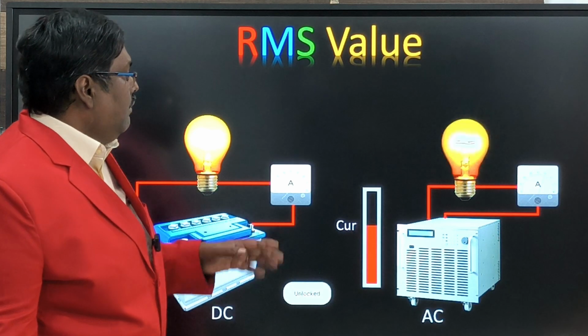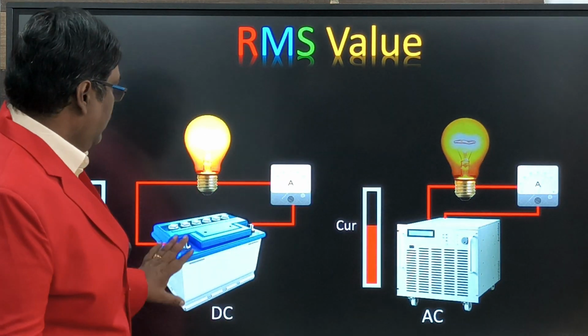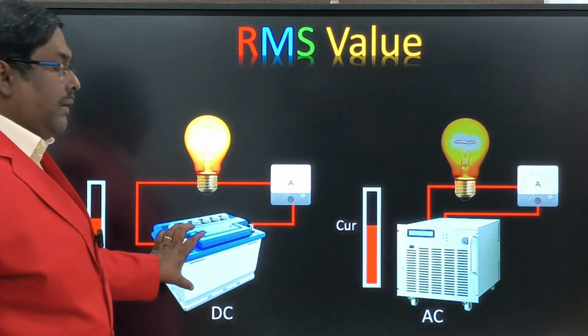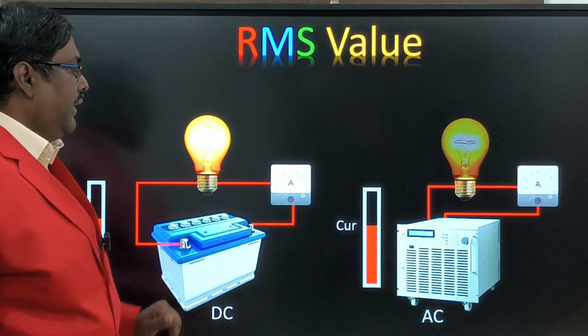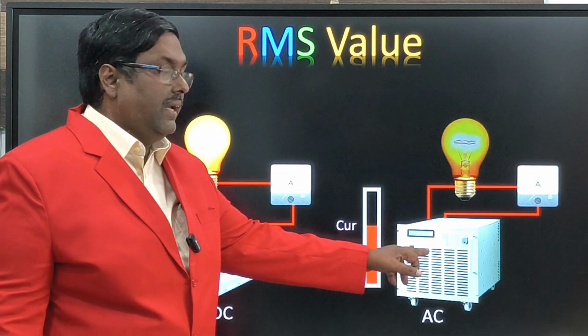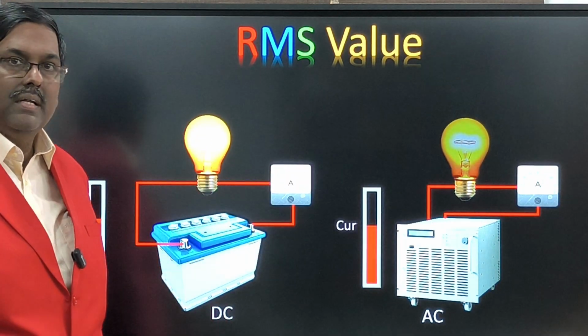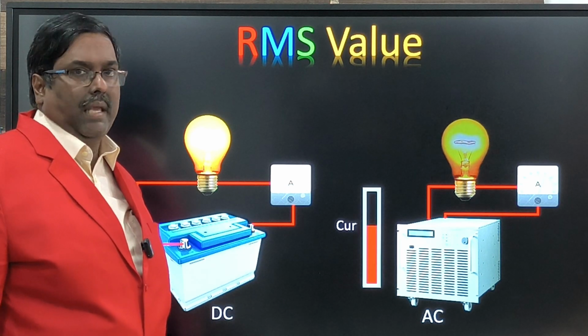Okay, so we will take, for example, two lab tests. One bulb, the same bulb with no difference, and we connected a battery; through the battery the bulb is glowing. Here is an AC source, the same bulb, no power difference, no resistance difference in the bulb, everything is the same.